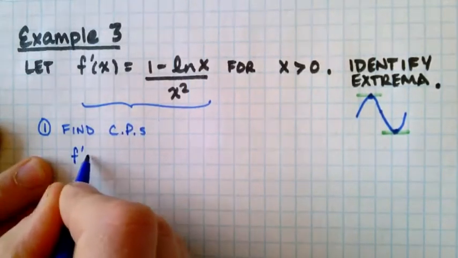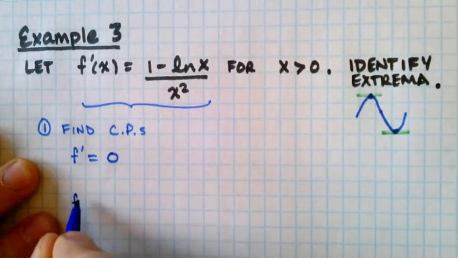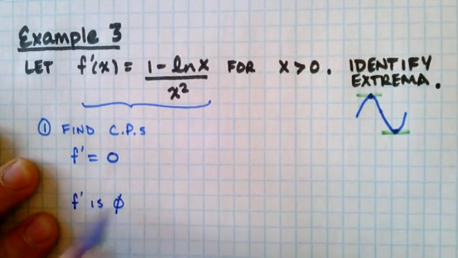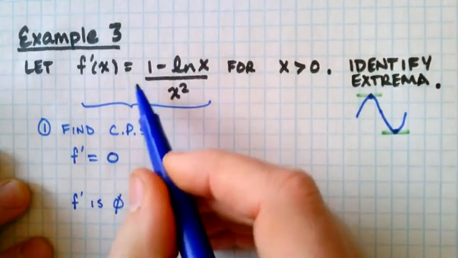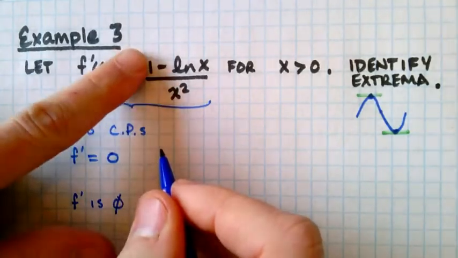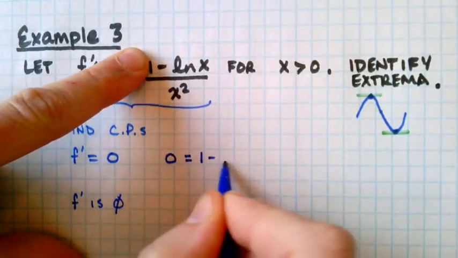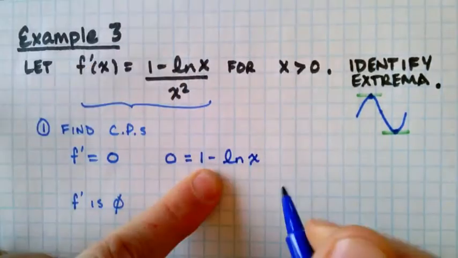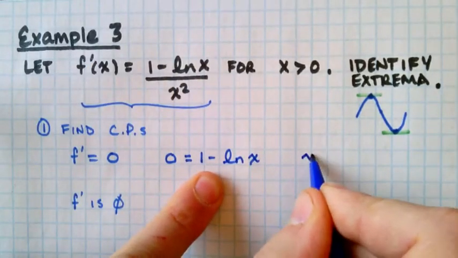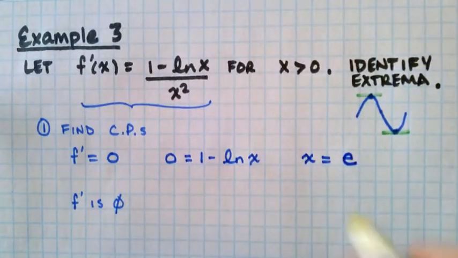Well, critical point means that the derivative is 0 or that the derivative is undefined. So what would make this derivative 0? Well, derivatives are 0 when their numerators are 0. So this would be the solutions to this equation right here. And it only has one solution, and that solution is x equals e. So there's one critical point.